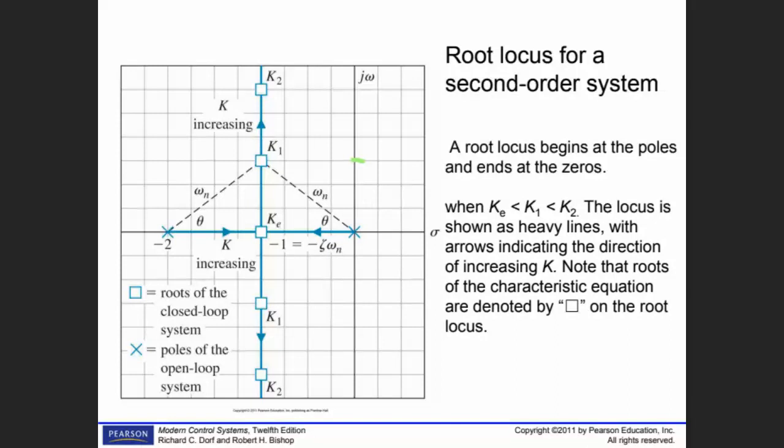That point. Omega d, this point. That omega n is already shown, and that point is sigma, which is -1.